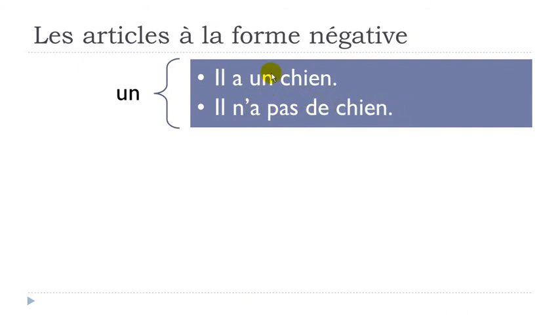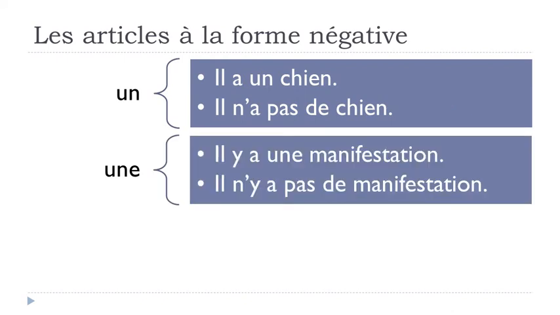So you can see that un here will become de here. All right, so that's the first thing that you've got to keep in mind if you want to use these articles. So article indéfini, and you want to put the sentence like in that case at the negative form, then un will become de.